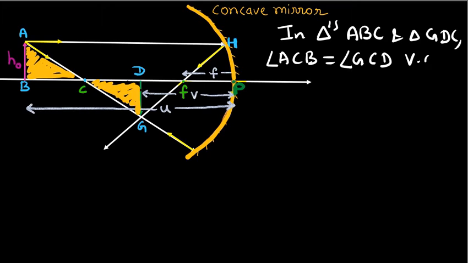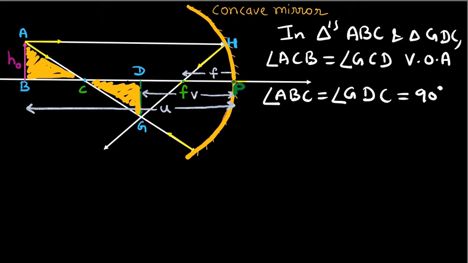These are vertically opposite angles, so they are equal, and angle ABC is equal to angle GDC, both 90. Since we have pairs of equal angles in both triangles, we declare the triangles as similar.